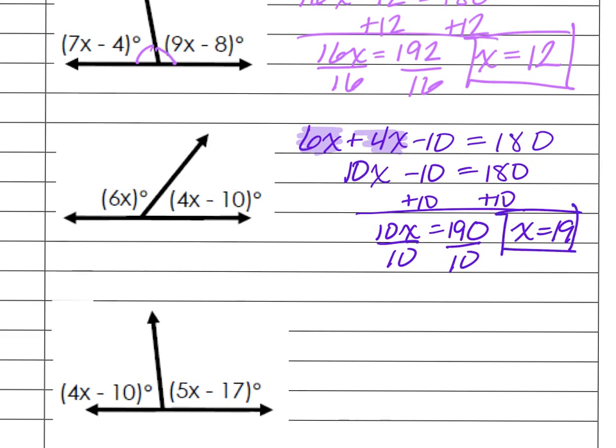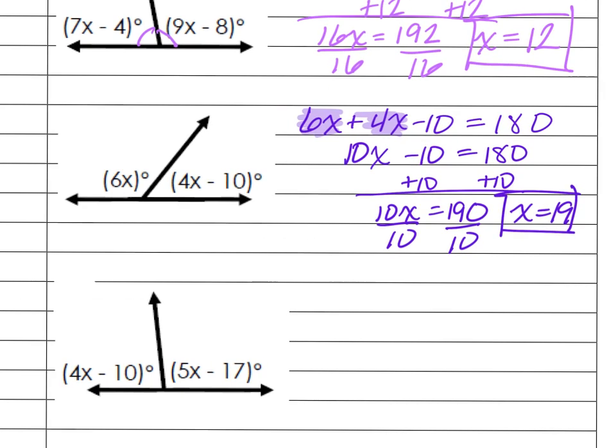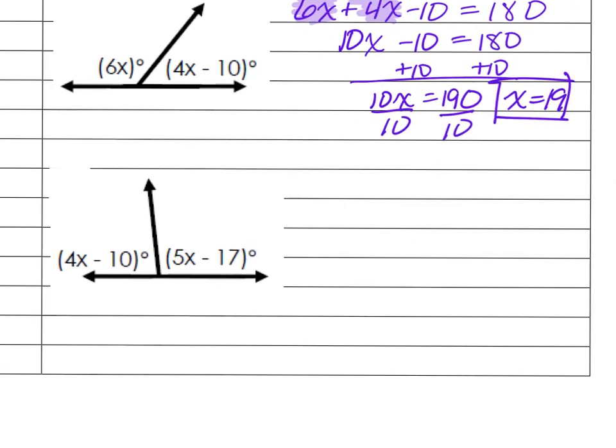Good job, you guys. And for the last problem, we've got a straight line again. So I've got 4x minus 10 plus 5x minus 17 equals 180. I've got my like terms. I've got the 4x and the 5x, and I've got the negative 10 and the negative 17.